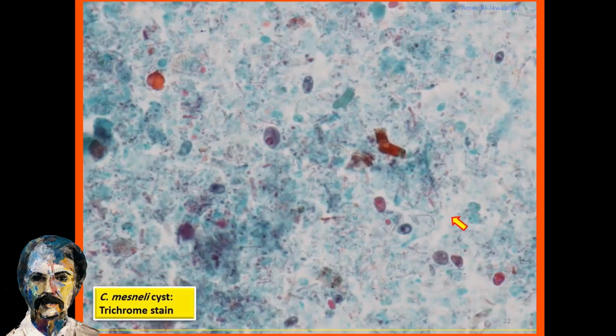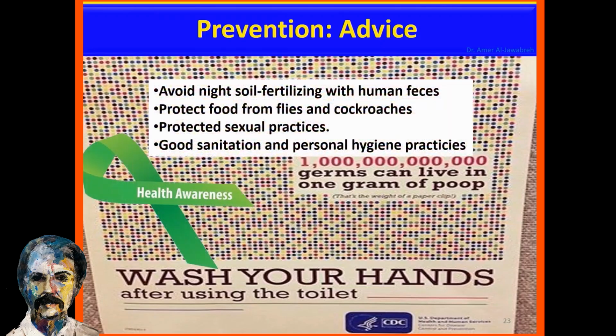Where is it here? Can anybody tell me? This advice and this recommendation is going to apply for all intestinal parasites, not only for this. So for intestinal parasites, you have to have good hygiene, protect your food from flies and cockroaches, cover it.